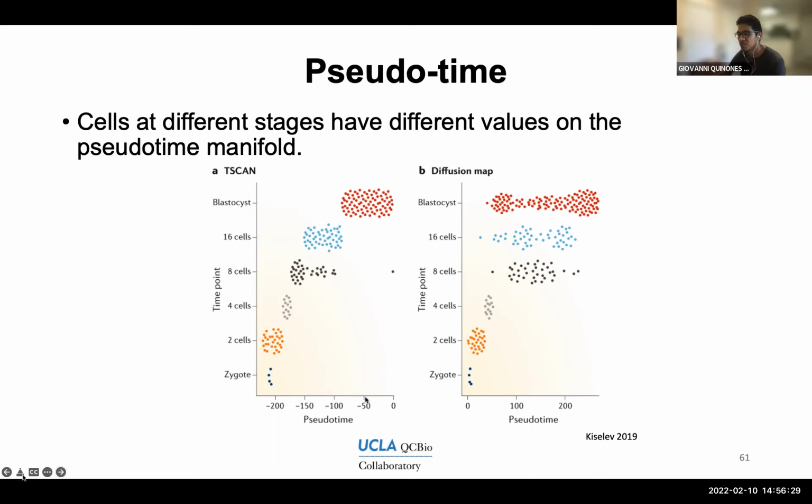The idea I want to convey with this plot is that the y-axis shows the differentiation of a fertilized egg that converts into a zygote and then starts differentiating, multiplying into the state of 2 cells, 4 cells, 8 cells, 16 cells, and so on.